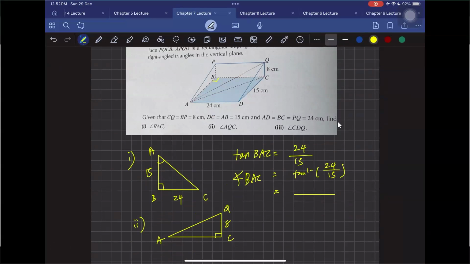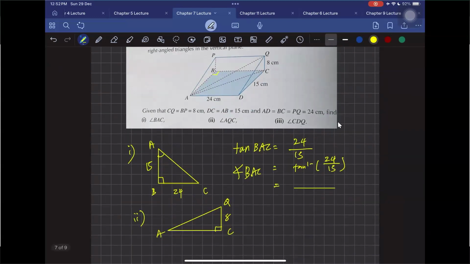So you need to find out AC first. You can use your part A to find out what AC is. So it's just Pythagoras theorem. So AC equals square root of 24 squared plus 15 squared. We get 28.302.